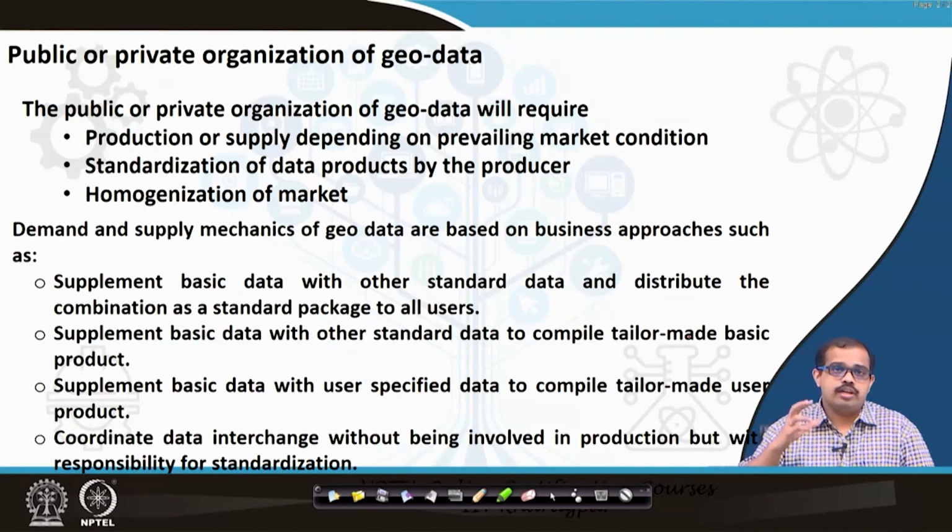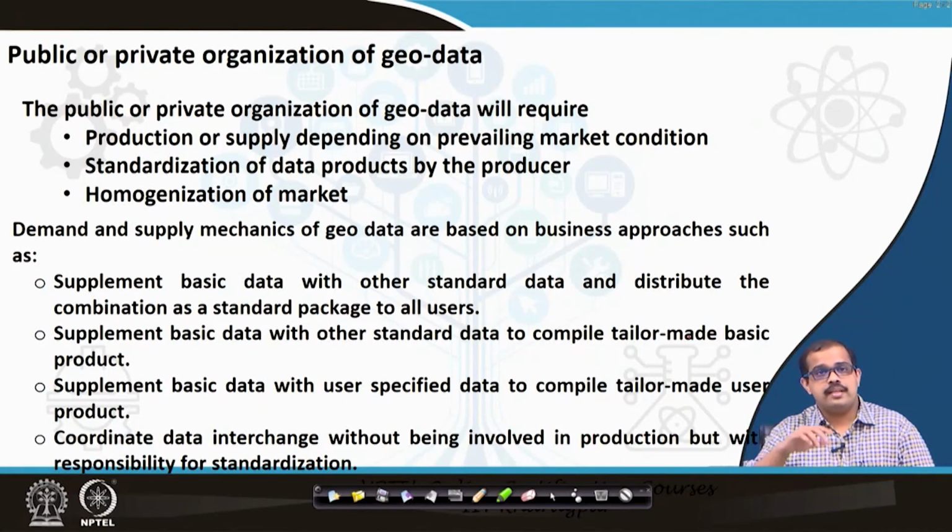And when you look at demand and supply mechanics of geodata, it is basically a business approach. Okay. So, you should look at supplementing basic data with the standard data if it is possible, and distribute the combination as a standard package to all users. That is what most of the public companies do till now.